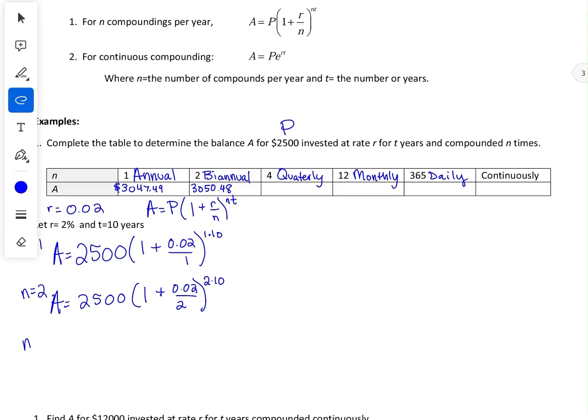Okay, let's look at when N equals 4. Same formula, 2,500 times 1 plus 0.02 over 4, 4 times 10. That comes out to be 3,051.99.